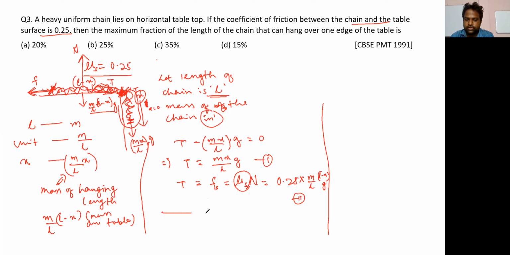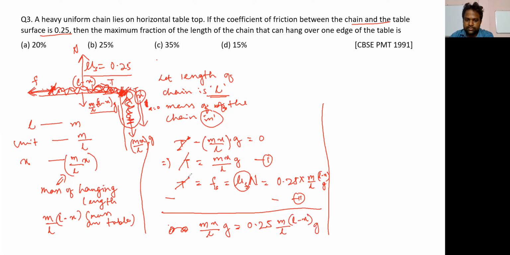From these two equations you can use your techniques, elimination, cross multiplication. Let us subtract these two equations. T got cancelled. On the left side equal, right side equal, so you can write M x g upon L is equal to 0.25 M by L, L minus x into g.